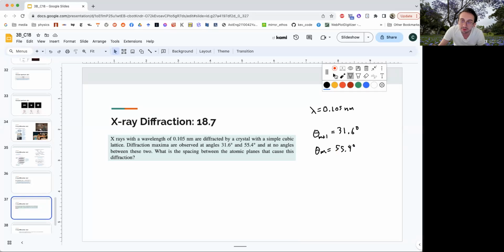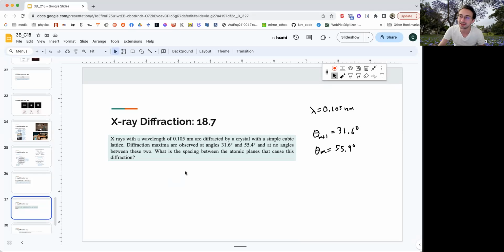You might be wondering, why did you call these m plus 1 and m? Well, they say that there are no angles between these two where we get maxima. So we know that these are adjacent maxima in the interference pattern. One will be some number m, the other will be some number m plus 1.